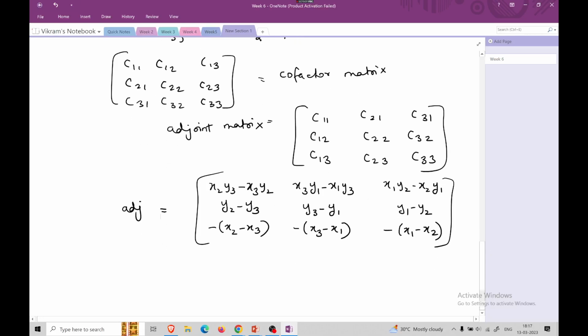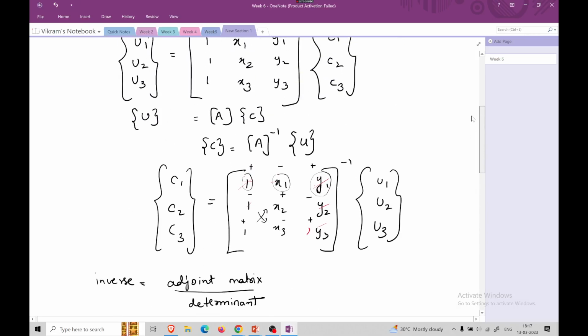Then what is the determinant? The determinant we can simply write as modulus of A. Whatever the matrix name I kept earlier, I kept it as A matrix.